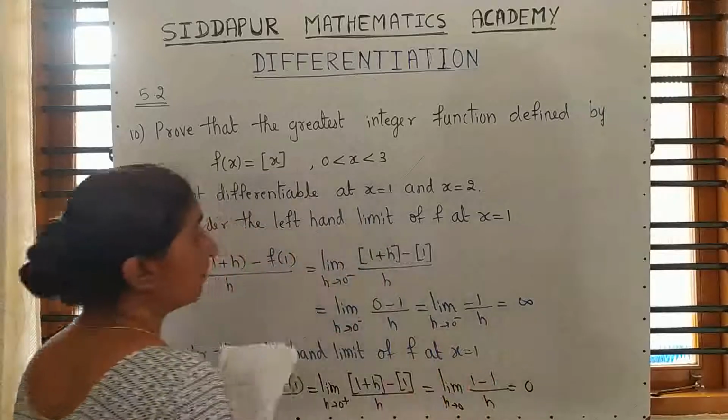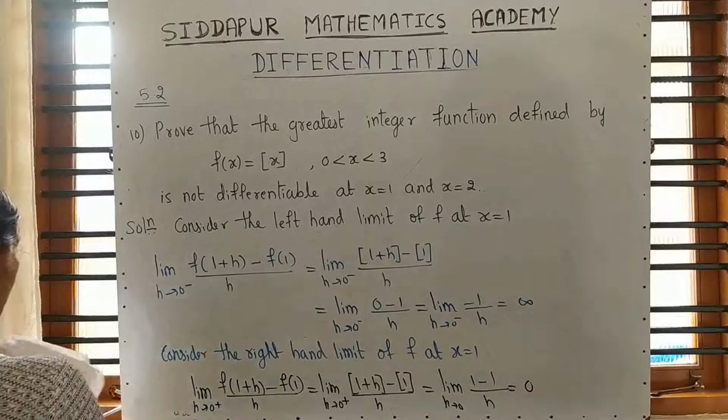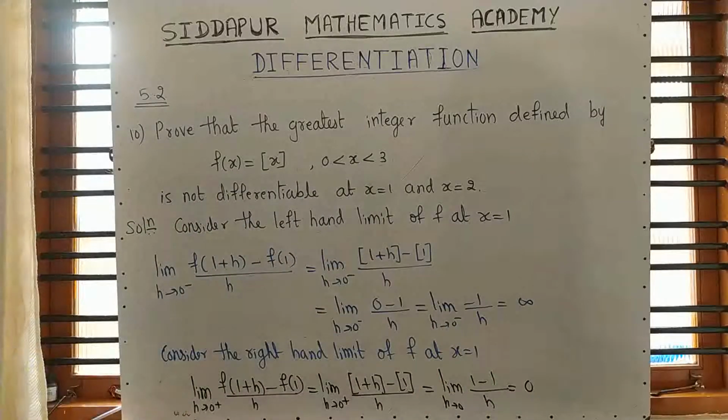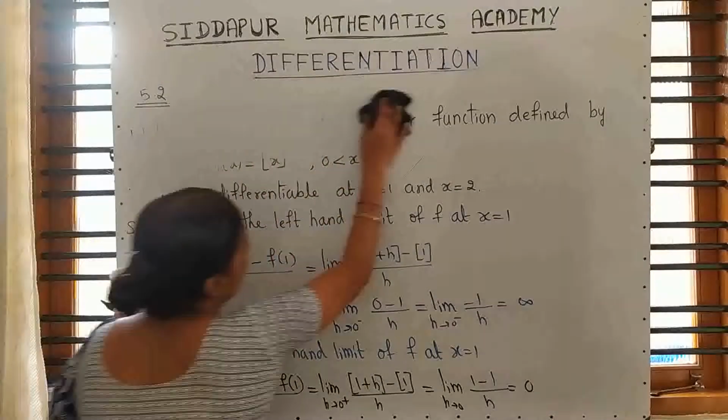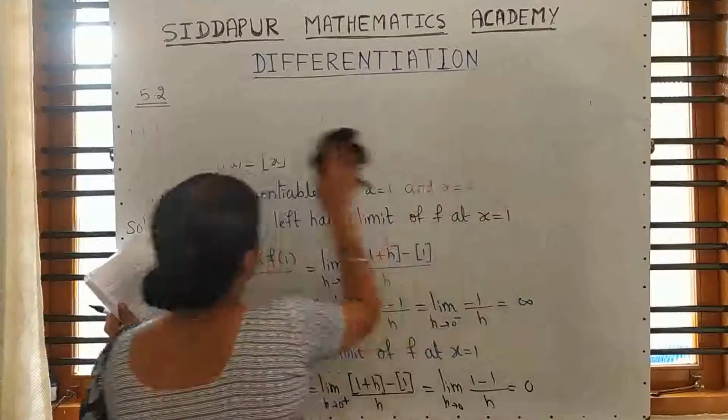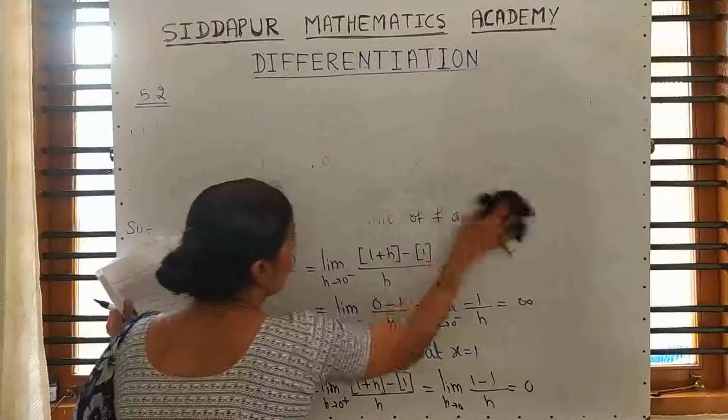See, left hand limit is infinity and right hand limit is 0. Are they equal? No, they are not equal. If they are not equal, the function is not differentiable at x is equal to 1.